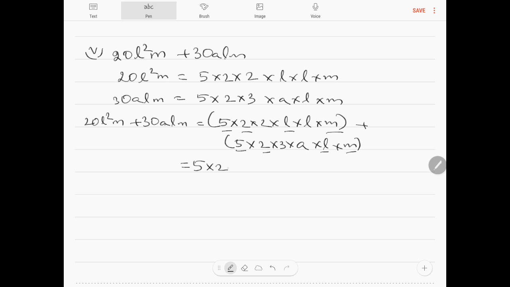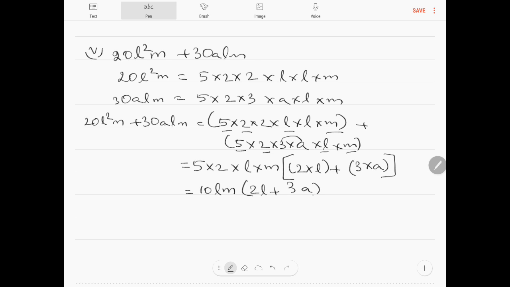So 5 into 2 into l into m. Here it will be 2 into l plus remaining will be 3 into a. This is 10lm into 2l plus 3a.